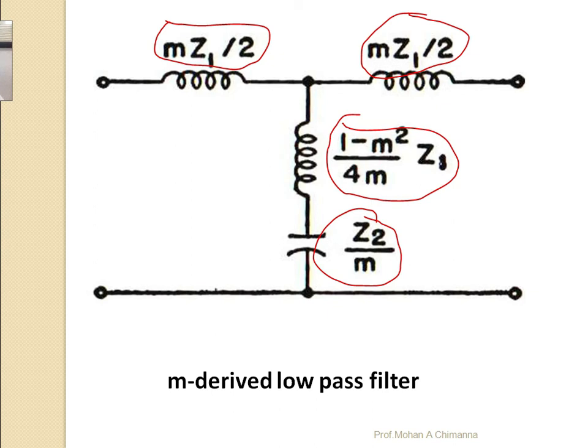In this way, these changes happen in the constant K low pass filter, M derived low pass filter, M derived high pass filter, band pass filter and band stop filter. Just keep this in mind while you derive or solve the numericals in the examination.